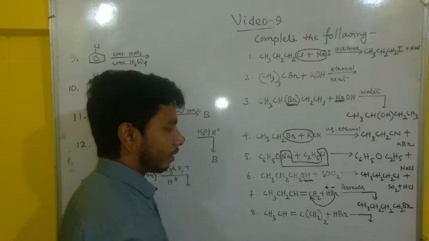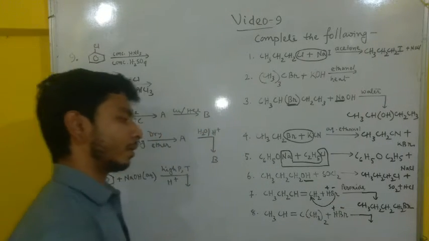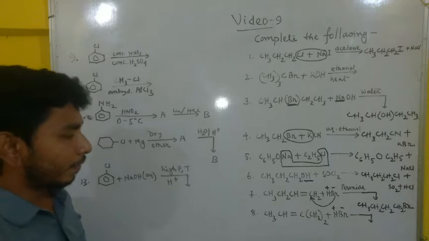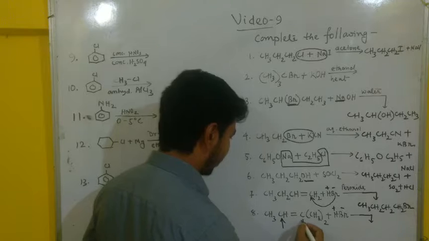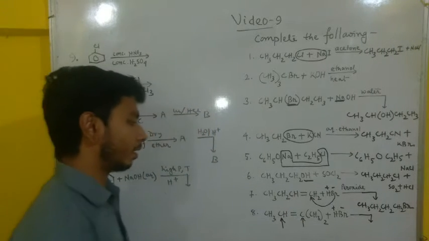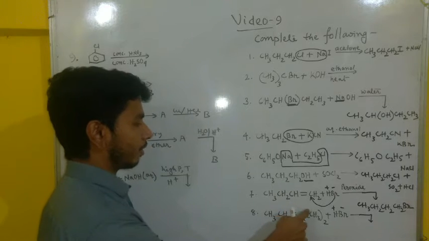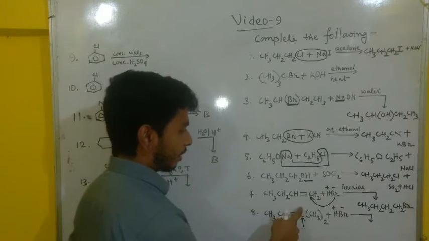Markovnikov's rule is that the negative part goes to that double bonded carbon which carries less number of hydrogen. These two are the double bonded carbons. One carbon carries one hydrogen, the other carbon has no hydrogen. So there is less hydrogen in this carbon atom.